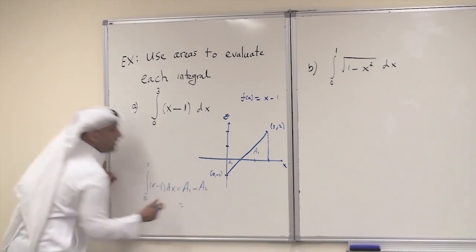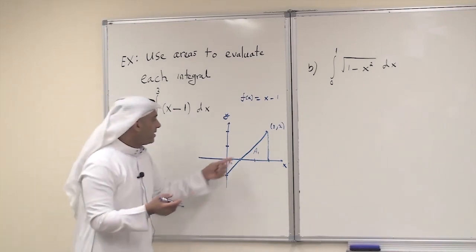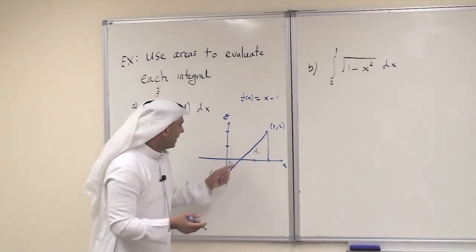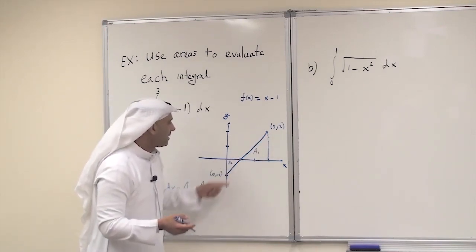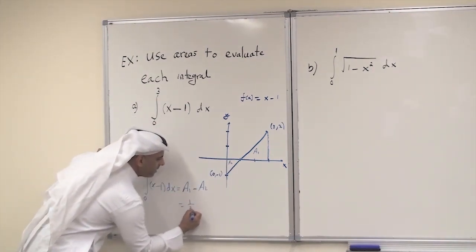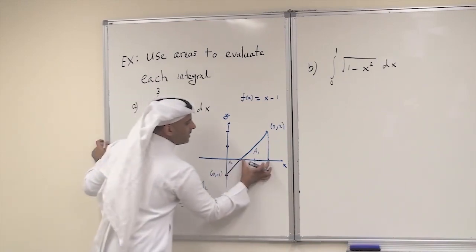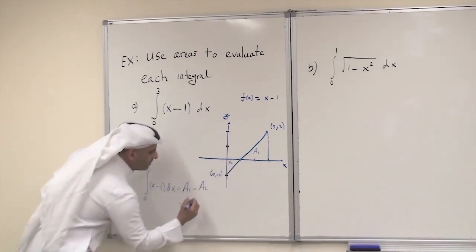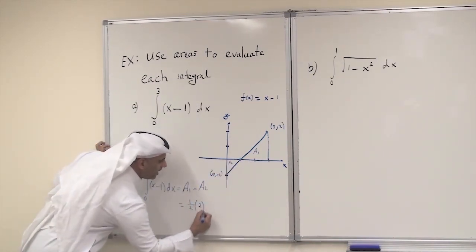And you know that these are simple areas to be evaluated. This is the area of a right triangle, and this is also the area of a right triangle. a1 will be 1/2 times the base, which is the length from here to here, equal to 2, multiplied by the height.